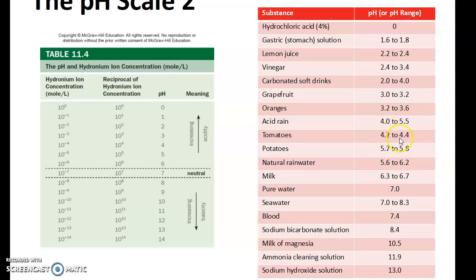Tomatoes are fairly neutral. Potatoes, natural rainwater, then milk. Then you get to seawater, blood, 7.4. Blood is actually a buffered solution. It's in a range right here. Bicarbonate solution also is buffered, and so that has a range. And you have sodium hydroxide, which is a very high base material.